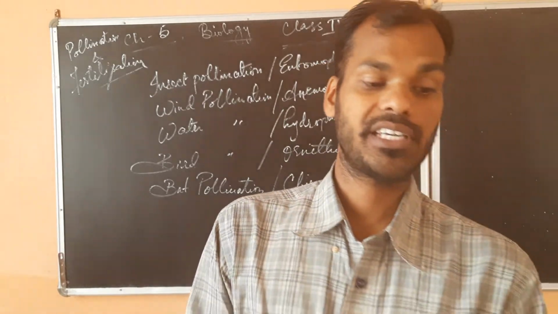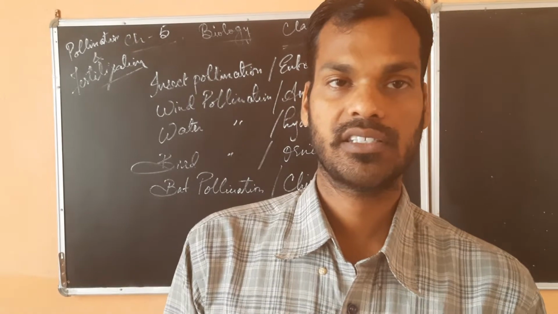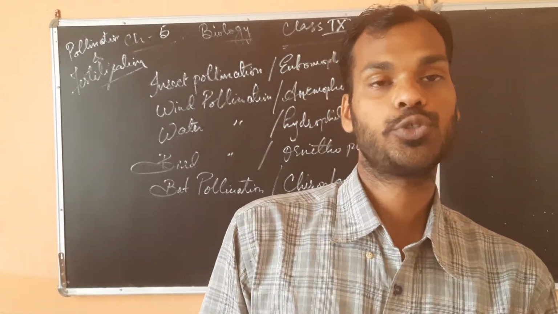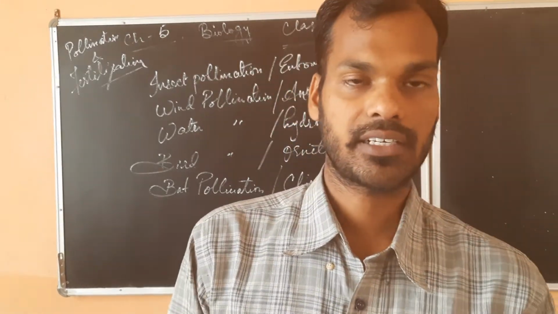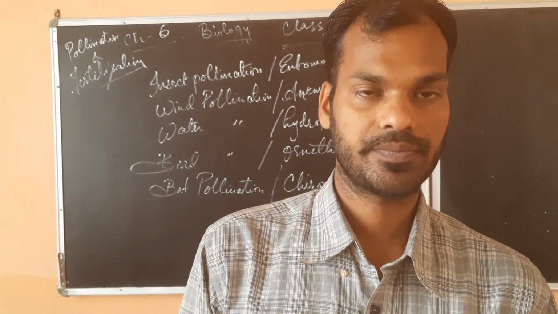The stigma is also sticky and rough, so it catches the pollen easily. So these are some of the characteristics which a flower should have so that insect pollination can be easier.